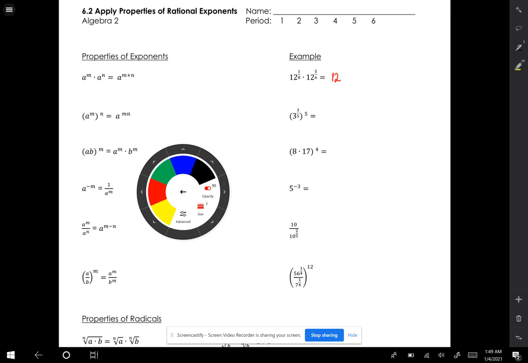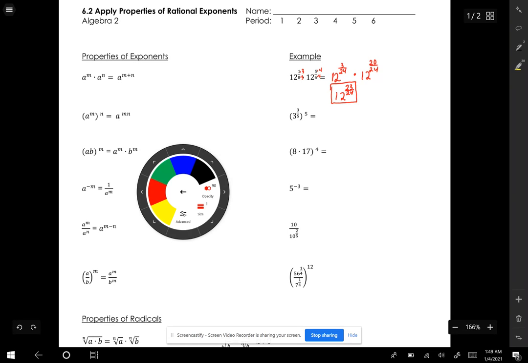So you want to multiply top and bottom by 3 here to get a common denominator of 24. And there you multiply by 4. So we have 12 to the 3/24 times 12 to the 20/24, which is 12 to the 23/24.